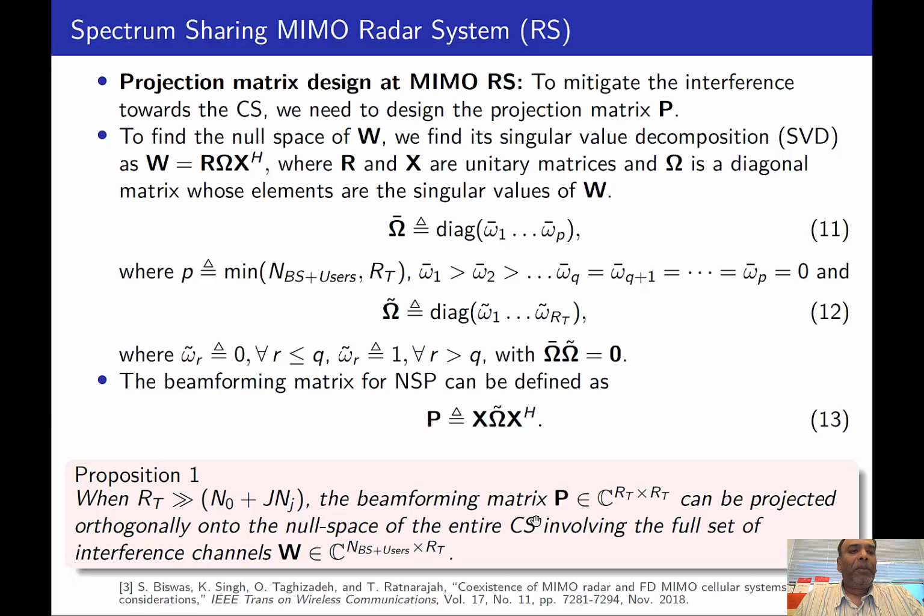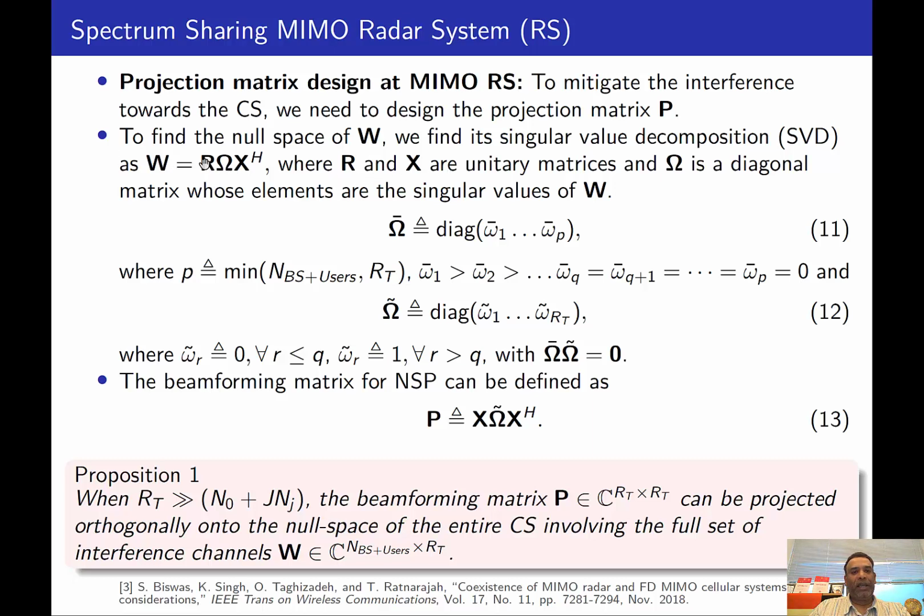So now I'm going to talk about the projection matrix. We need to get the projection matrix such that the interference towards the cellular system is minimized. So to mitigate the interference toward the cellular system, we need to design the projection matrix. How do we design it? This is the matrix W involving all the interference channels, and first you do the SVD of this one.